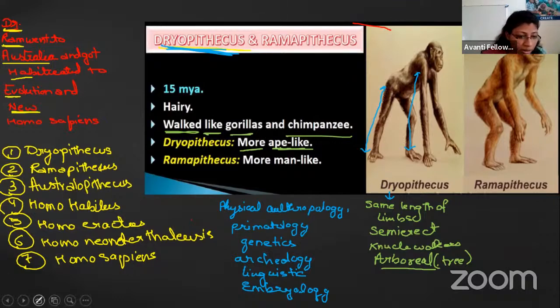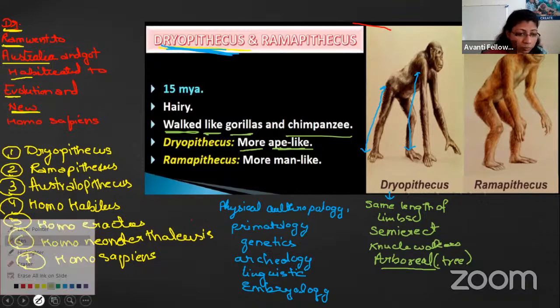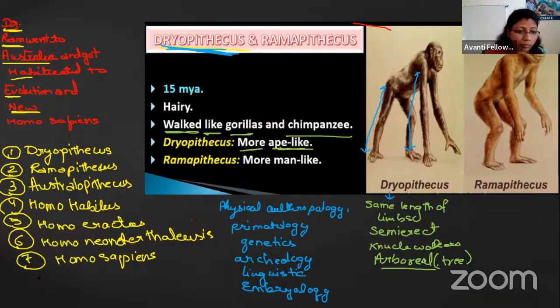Let me change the color for this Ramapithecus now. Okay, so we have found many fossils of Ramapithecus, and these fossils contained the jaw and dentition. Can anyone tell me what dentition is?